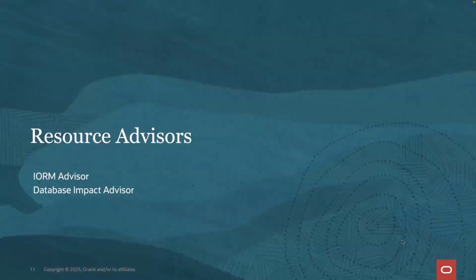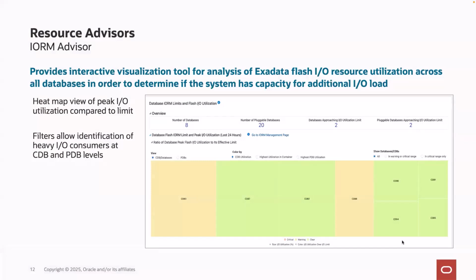So the last thing is about the resource advisor. We have the IO resource management advisor, where we provide heat maps and line graphs about the IO utilization per database, per CDB and PDB in the environment.